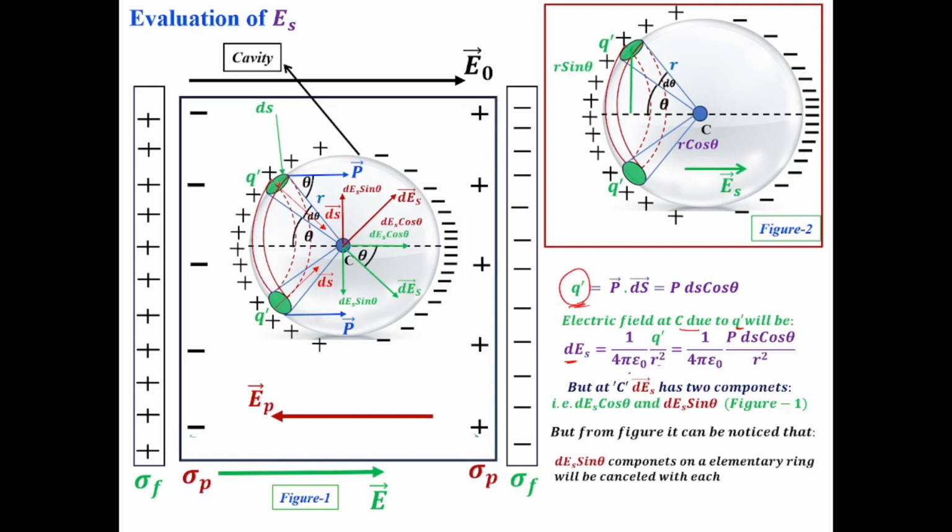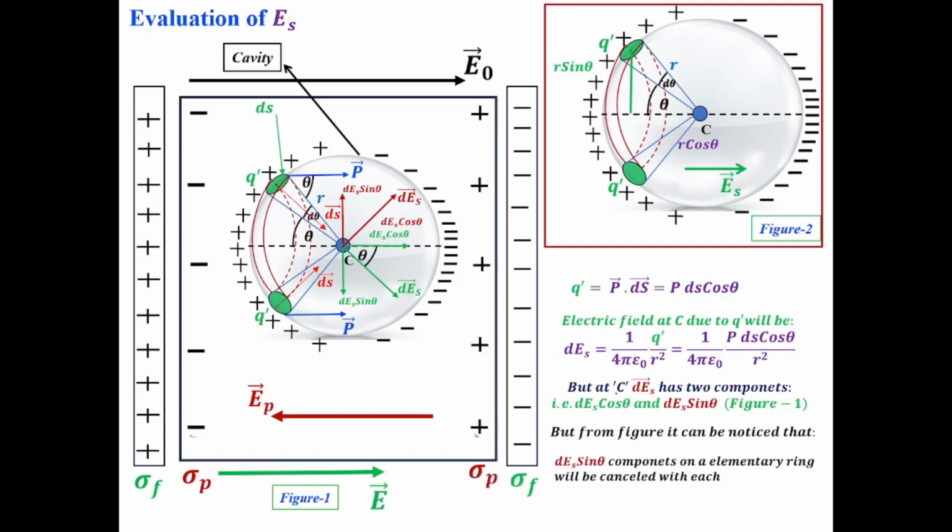So from here to this distance is r. Hence the electric field intensity dEs due to the charge on this surface at C is 1 by 4 pi epsilon 0 times q dash, where q dash is P dS cos theta. We just substituted it here.